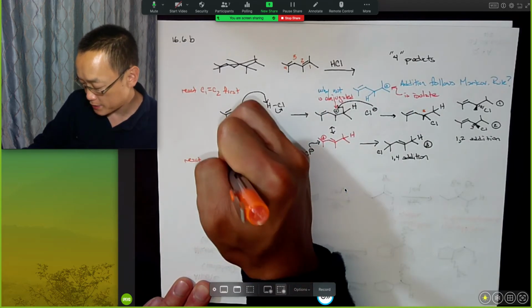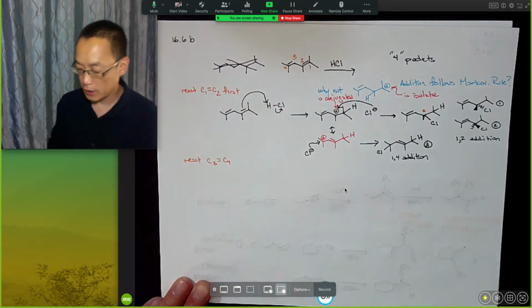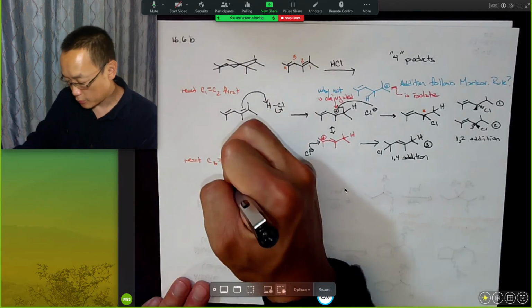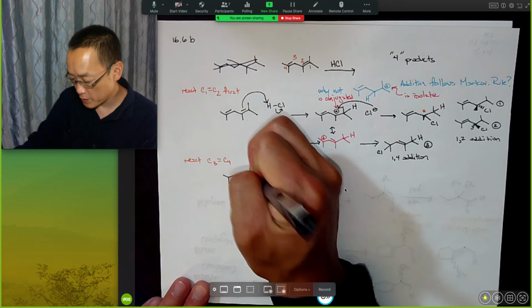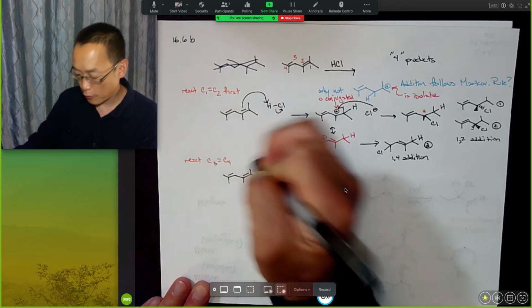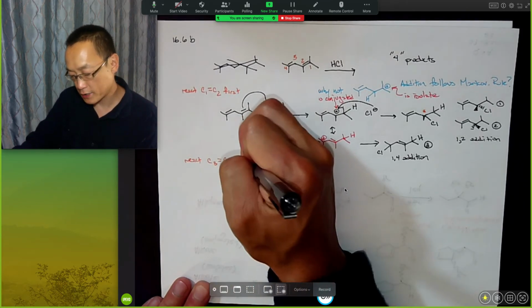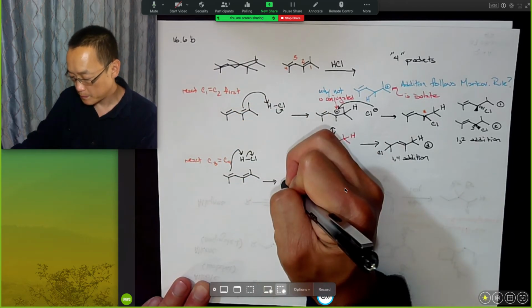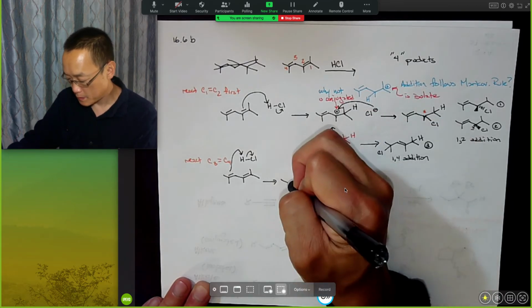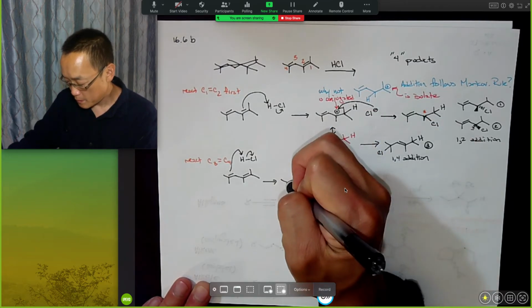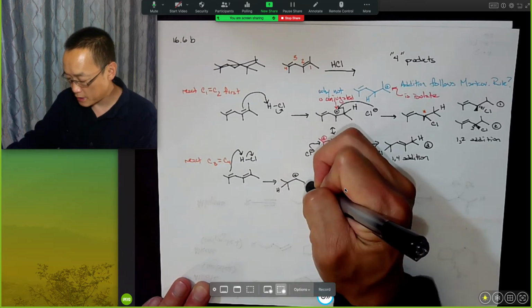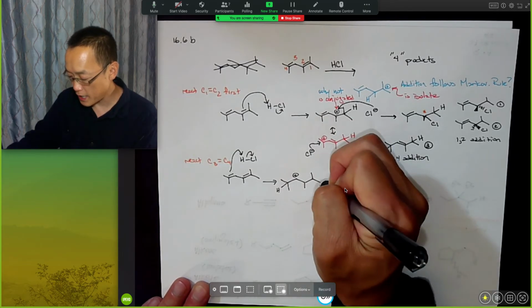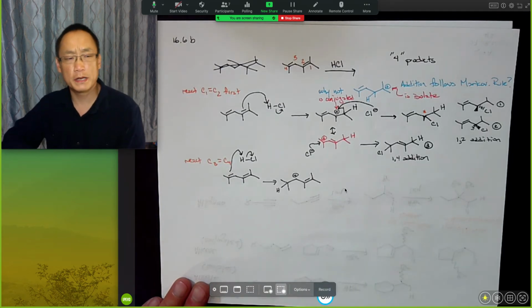C3 double bond C4 next. So now I'm going to try and determine how this alkene will react with HCl, accepting that this reactive intermediate would be the major reactive intermediate that would predominate the reaction.